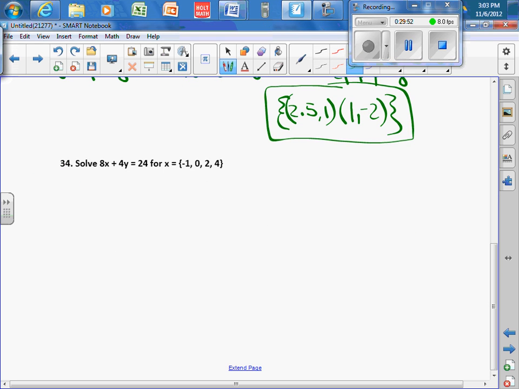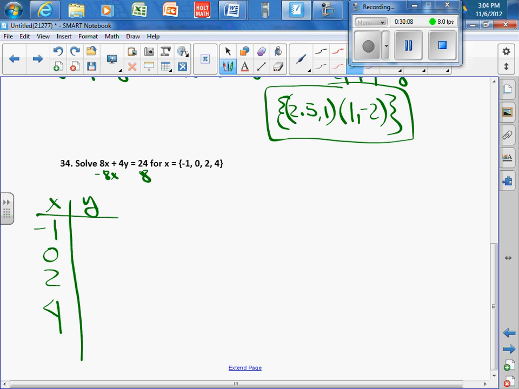In number 34, 8x plus 4y is equal to 24. We want to make a table where we have negative 1, 0, 2, and 4 for the x, for the domain. So I'm going to subtract 8x from both sides here. And I get 4y is equal to negative 8x plus 24. Divide everything by 4.